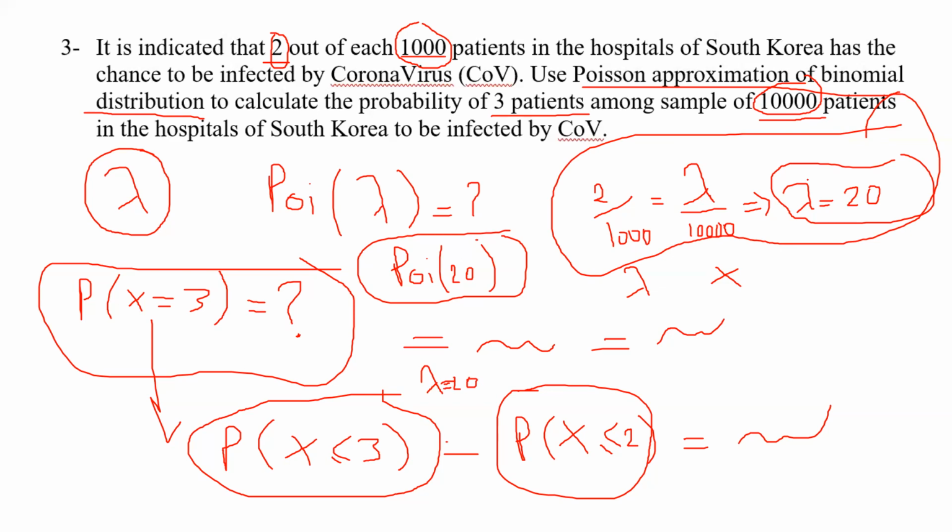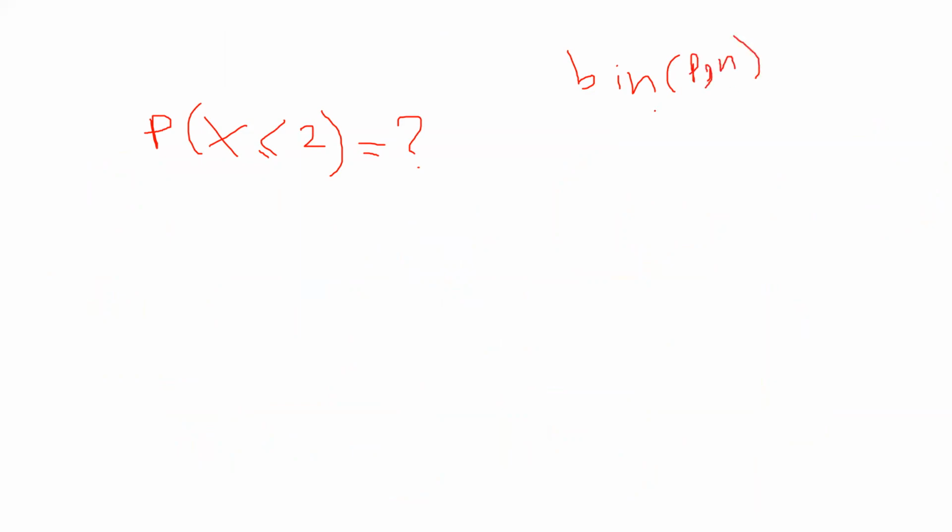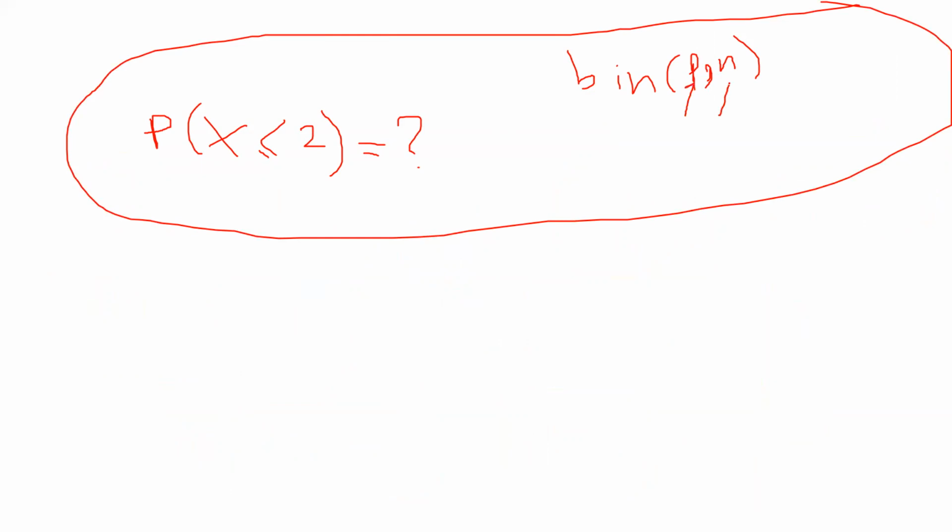In another video, I will show you and we will practice how to read from the binomial and Poisson tables in detail. Whenever you have, for example, the probability of x less than or equal to 2, and I know the parameters of my binomial distribution, so P and N, and as I said, in some books they show N and P, the order doesn't matter, then based on the binomial table, I can read the final answer.